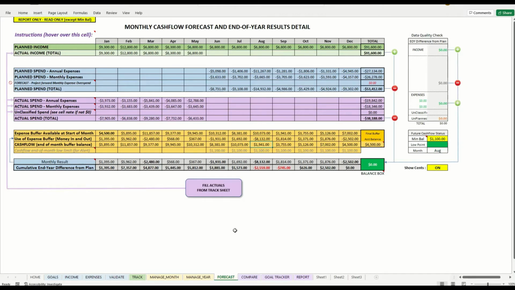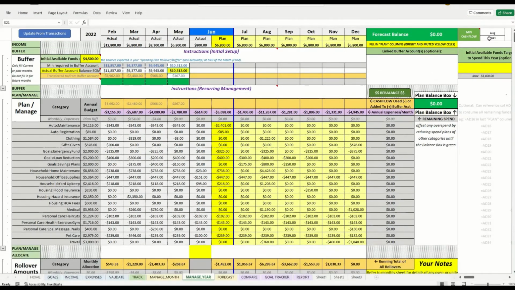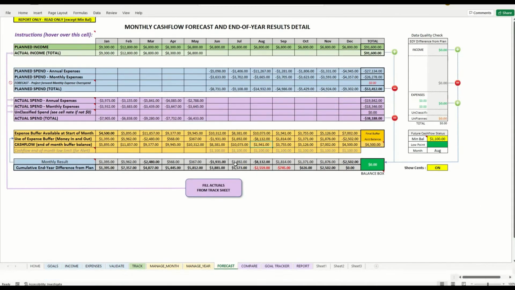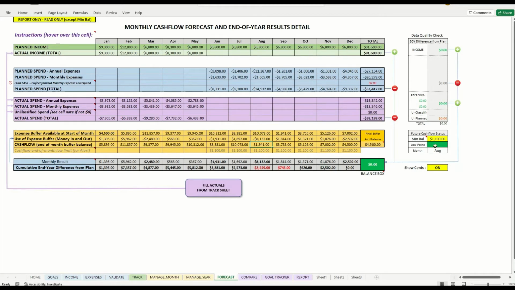What that's telling me is I can afford to spend another $841 in August before I hit my cash flow limit, but I'm getting close, right? So that's the first thing that helps you to be real in terms of your planning for cash flow forecasting: putting that minimum balance in.